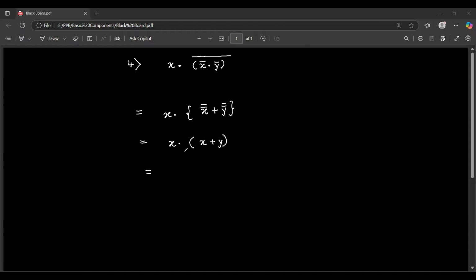That is equal to xx plus xy, which is x plus xy, and that is equal to x according to the redundancy law. Always keep that in mind.